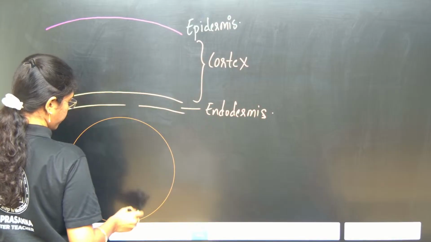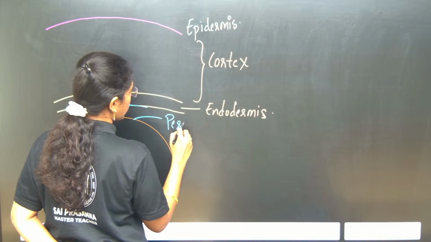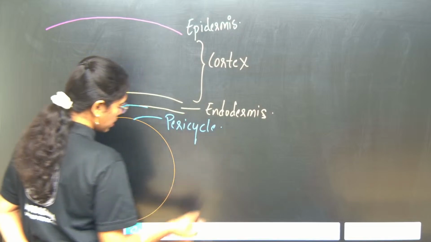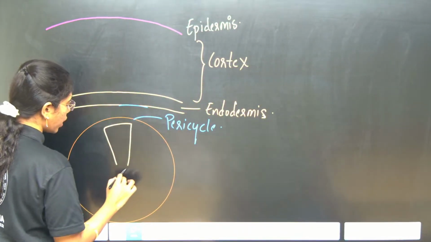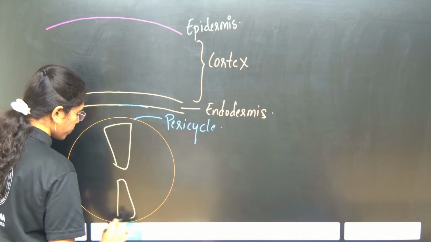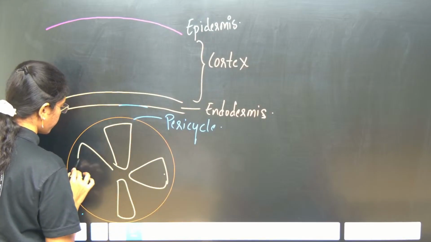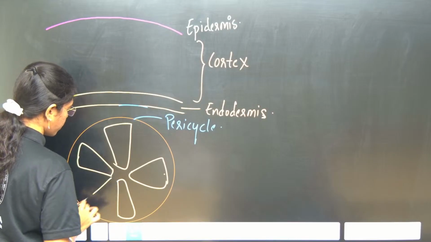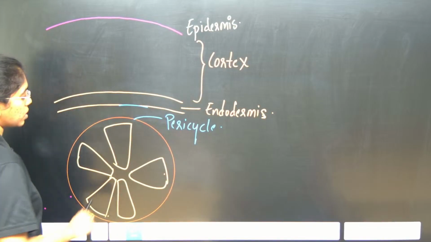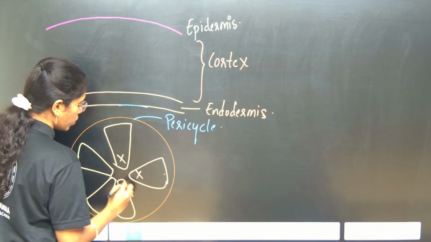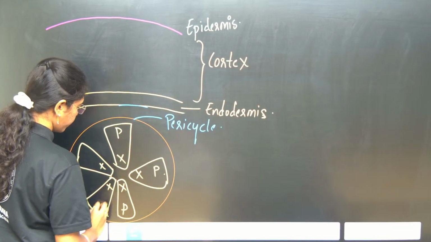So the outer layer is pericycle. If you consider the stem, it has conjoint and closed vascular bundles, where xylem will be towards the pith and phloem towards the periphery.